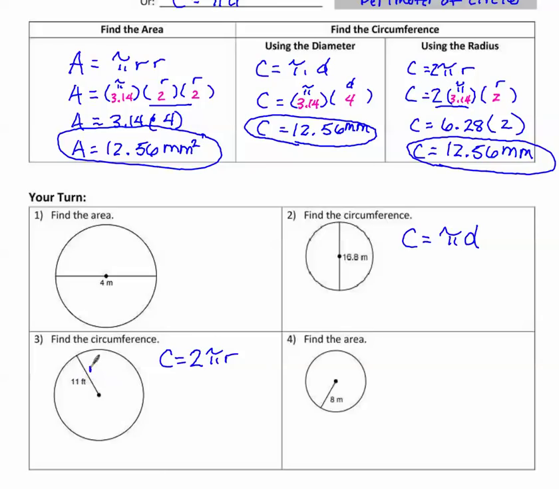So this is a radius, and this is a diameter. Be careful when you do the area formula, because the area formula is pi times radius times radius. This is not a radius, this is a diameter. So you're going to have to divide that in half. So you get radius equals 2 for this problem. And the same thing for this one, it already gives you a radius, so you don't have to worry too much about it. So go ahead, pause, and I want you to do those 4 on your own.